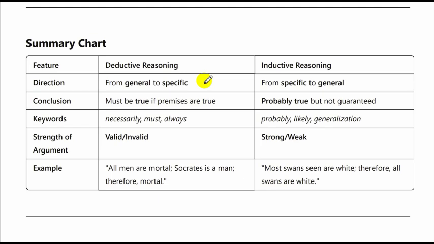Then it will be strong, otherwise it's weak. In deductive reasoning, we can say with an example, all men are mortal. Socrates is a man, therefore Socrates is mortal. Whereas in inductive reasoning, most swans seen are white, therefore all swans are white.